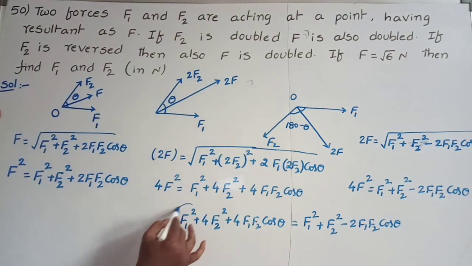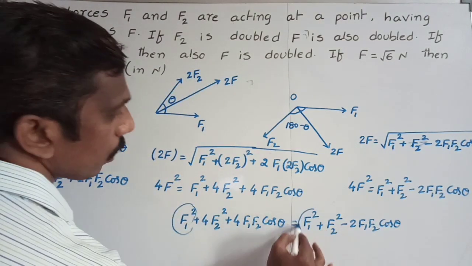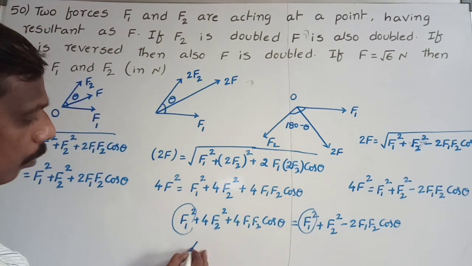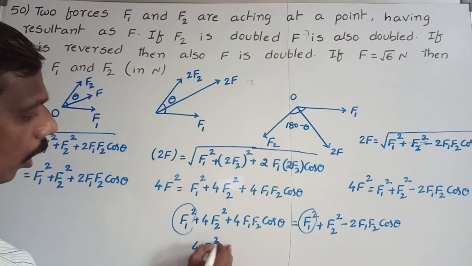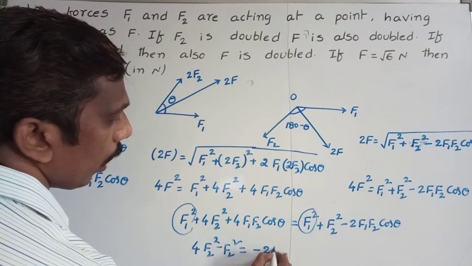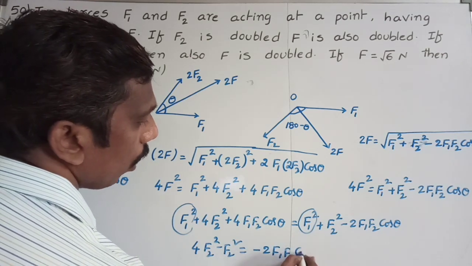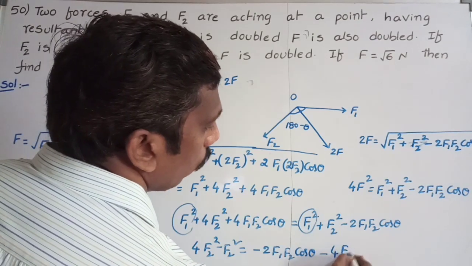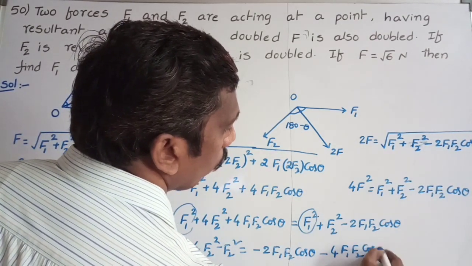In this, F1 square gets cancelled. F2 square take this side, then it becomes 4F2 square minus F2 square is equal to this side minus 2F1 F2 cos theta, minus take this side 4F1 F2 cos theta, we can get.